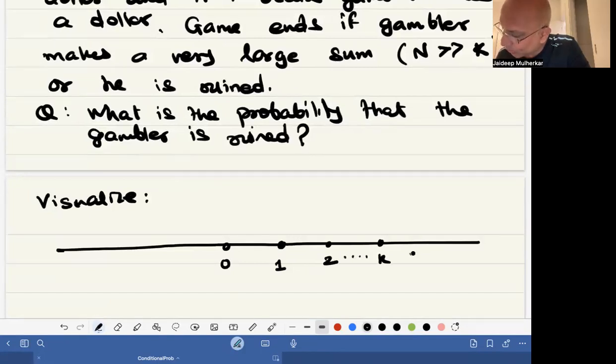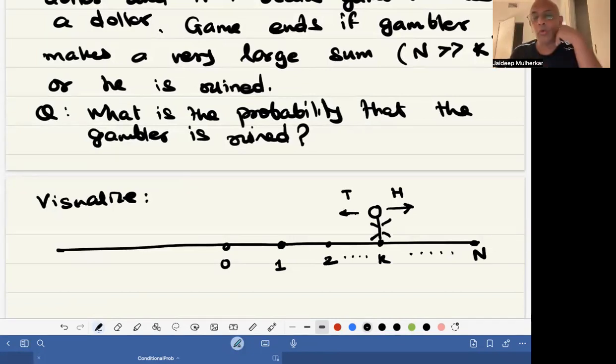K is over here somewhere, and there is n. So the gambler is starting at the lattice point K, and if a head occurs, he moves to the right. And if a tail occurs, he moves one step to the left. The question to be asked is, what is the probability that he eventually lands over here?